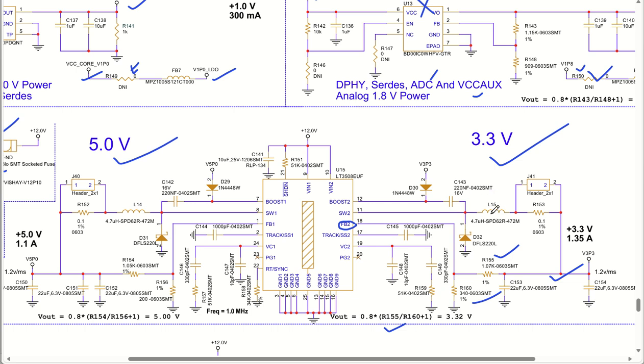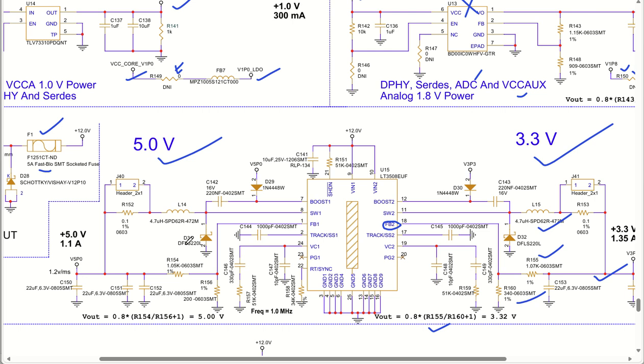Similar to that, we have the inductor that is being used to give the 3.3 volt output. On the left side you can see FB1, which is going to set the output voltage to 5 volt, and this voltage level is set by this resistor and this resistor.